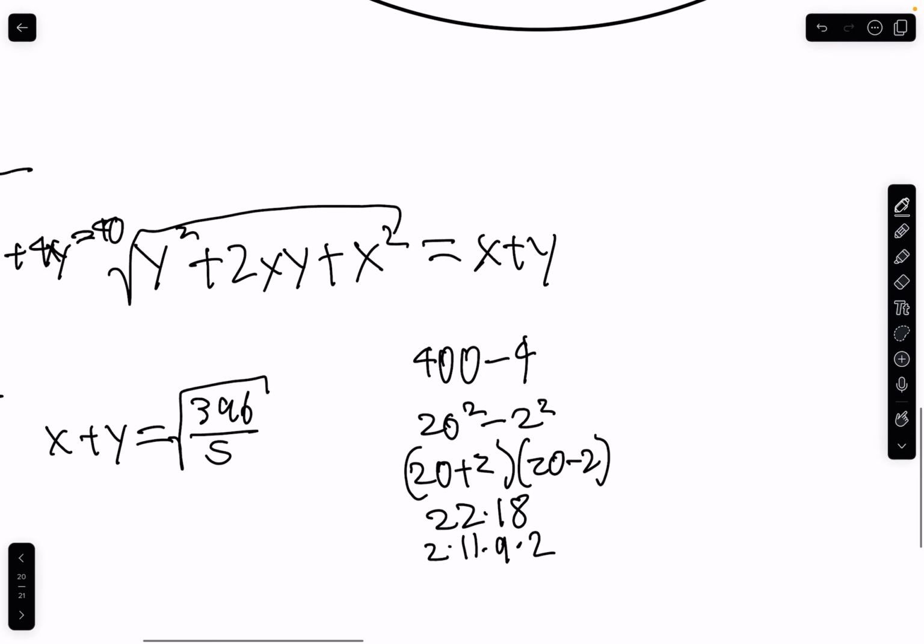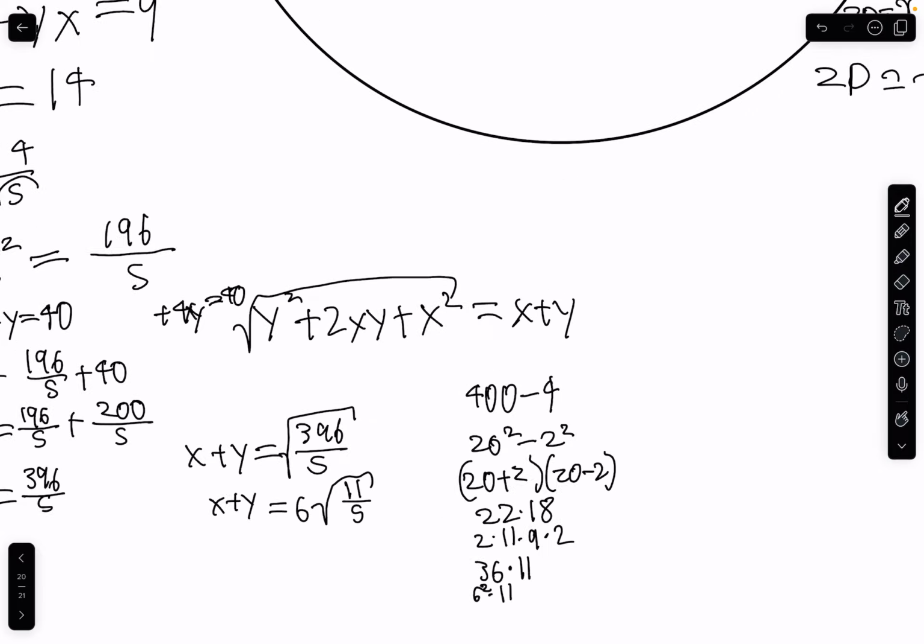So we see here there's 36 times 11, which means 6 squared times 11. So now we can pull out a 6 from here. So we have x plus y equals 6 times the square root of 11 over 5.